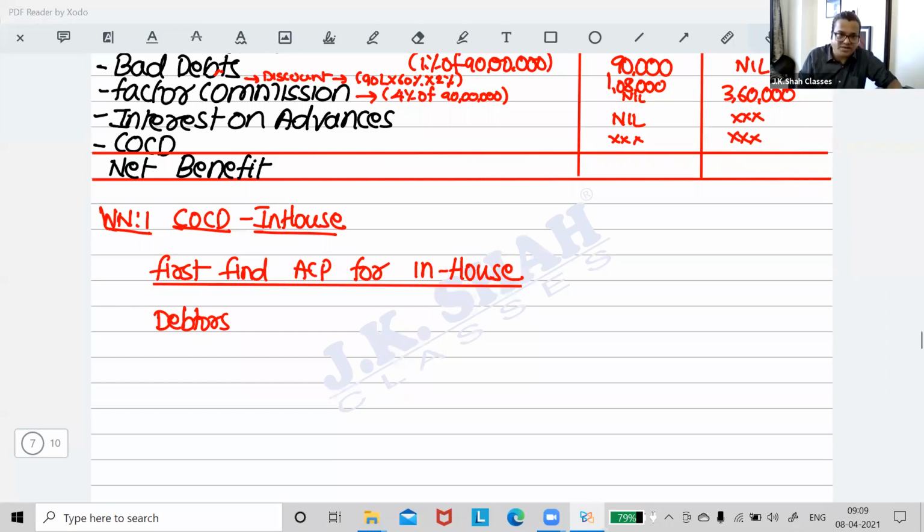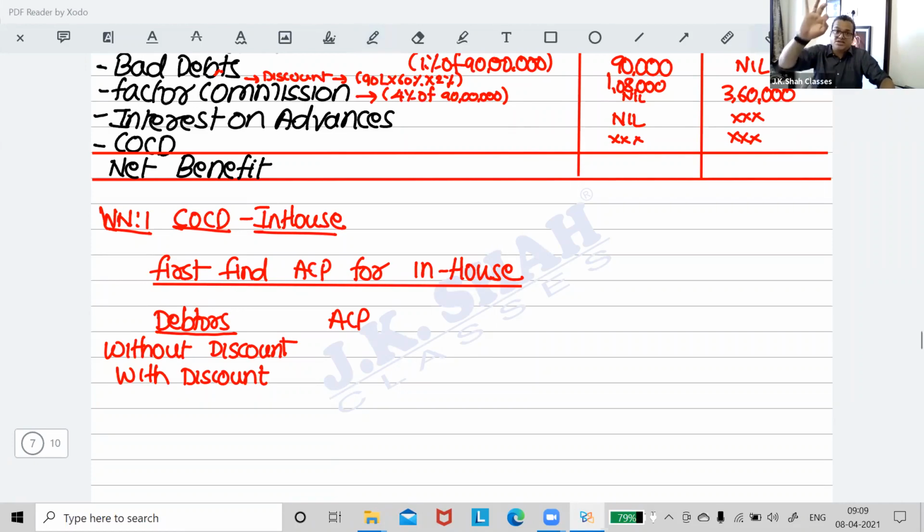So we have two types of debtors: those who go without discount and those who say, no, we want to avail the discount. The first thing we need to find out is their ACP. Please refer to the question. 2/10 net 30 is your credit period, accepted.